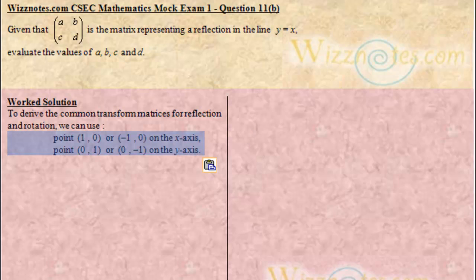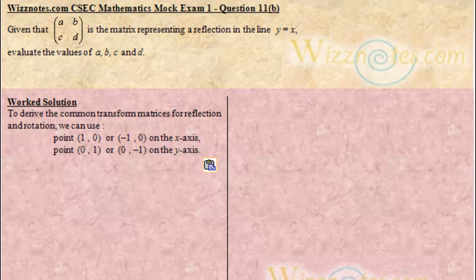Points on the x-axis, 1, 0 or 0, negative 1, and then we use a point 0, 1 or 0, negative 1 on the y-axis, and we normally do the transformation for one of the points on the x-axis and one of the points on the y-axis in order to work out the values for A, B, C, and D.